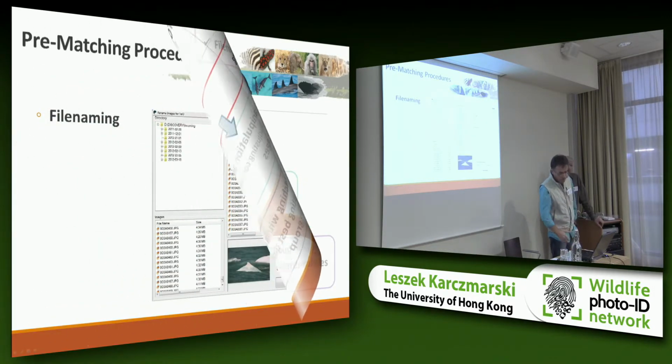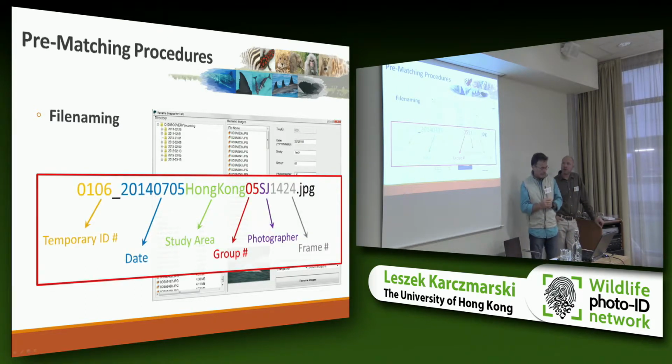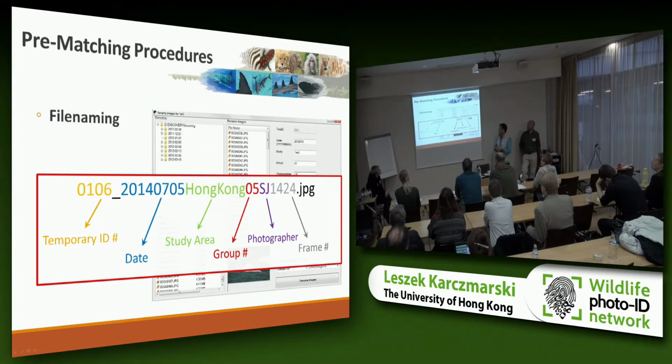You can choose the whole range of images and have them renamed as a batch process, and you can define how this renaming is going to be structured. In our case, we include temporary ID, date, study area, group size, group number, or encounter, or sighting number, depending on how you use it, photographer, and the frame name. But again, this is user-defined. You can decide how your naming structure is going to be.